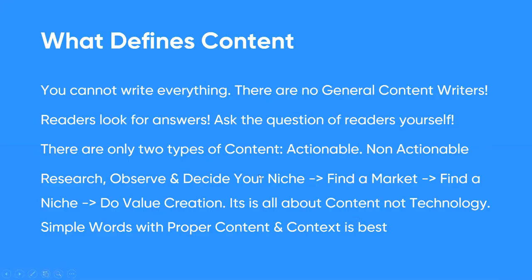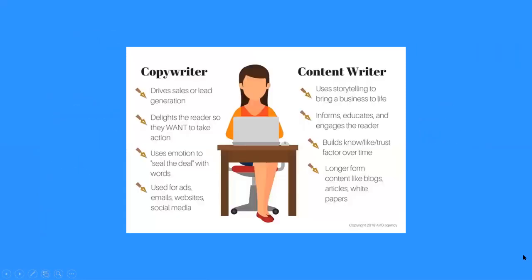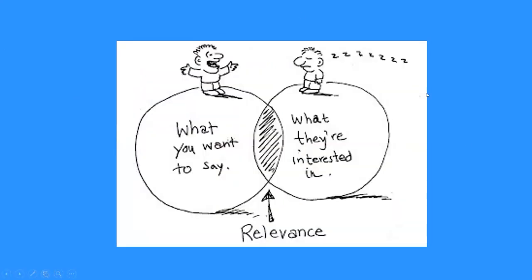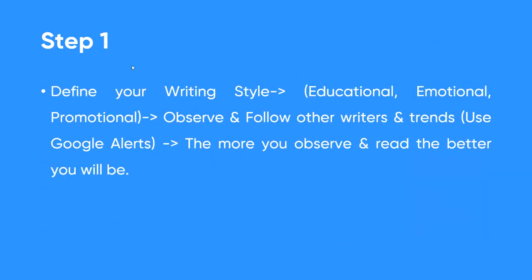All those things we have seen. Then we have seen how to write content, the difference between a copywriter and a content writer, the types of content writing, where you have to start, and how to define your content writing style.